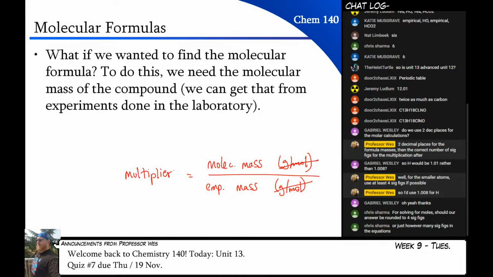For example, if the molecule was just double the empirical formula, it would also have double the mass, and so I would have 2 times some mass divided by that mass, and those masses would cancel out, and I would get a multiplier of 2.